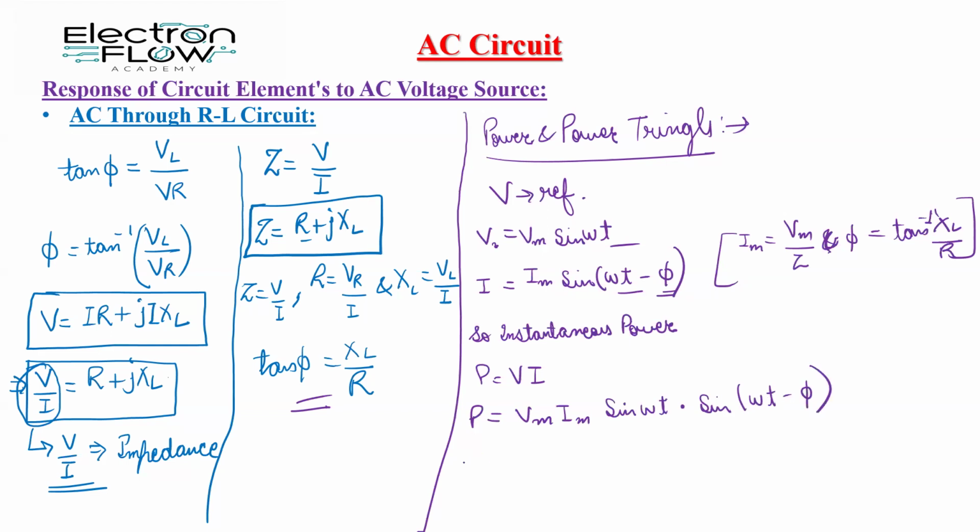So the total power is equal to VmIm divided by 2, multiplied by 2 sin omega t into sin(omega t minus phi).